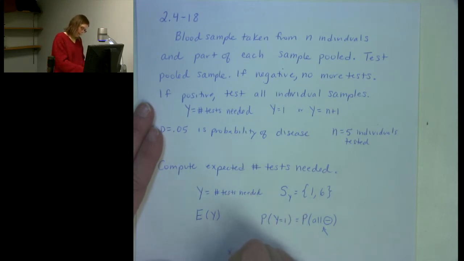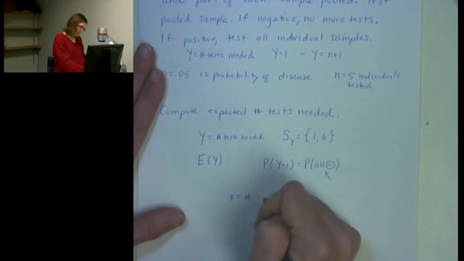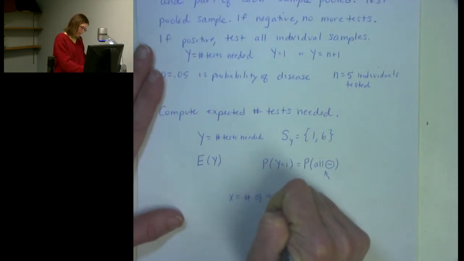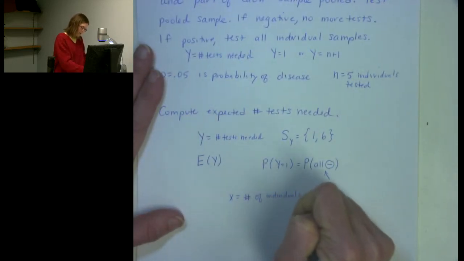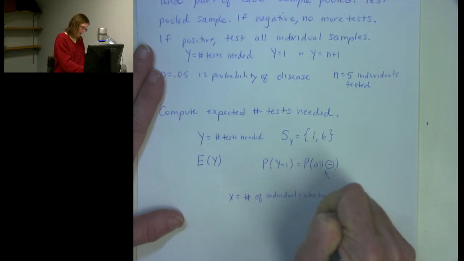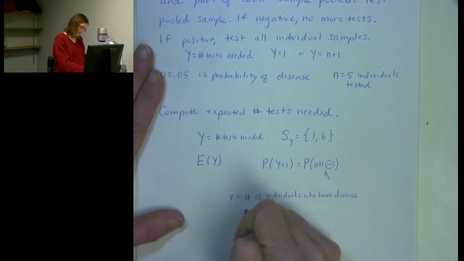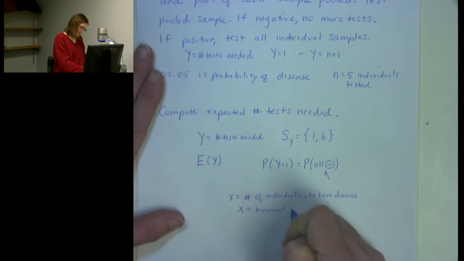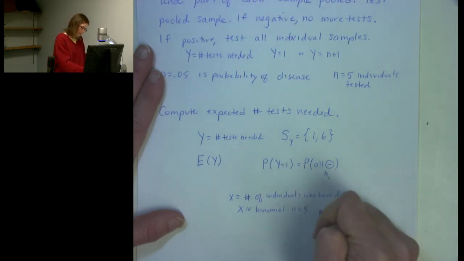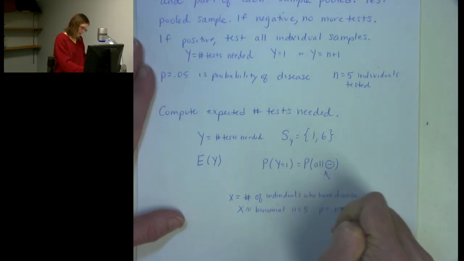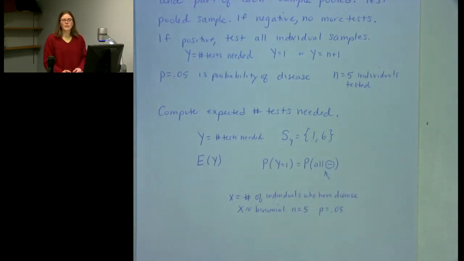If X is the number of individuals who have the disease, X has a binomial distribution with n equal to 5, because there are 5 individuals, and p equal to 0.05, because there's a 0.05 probability that any individual will have the disease.